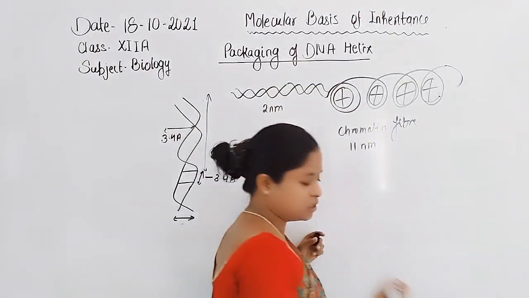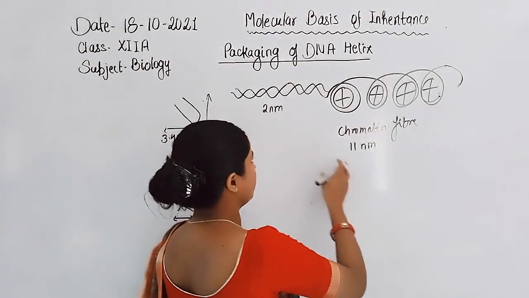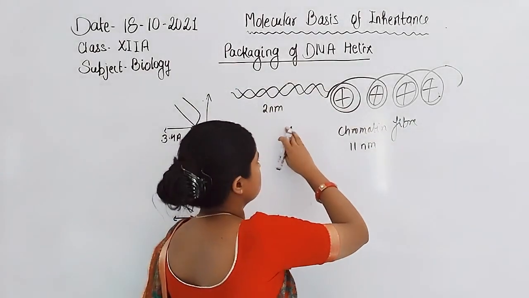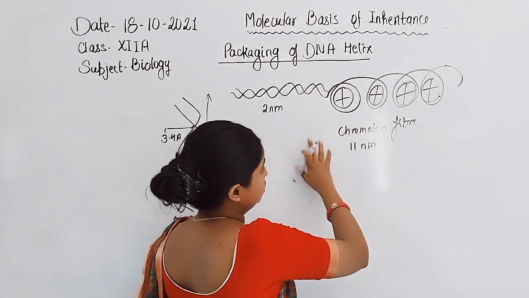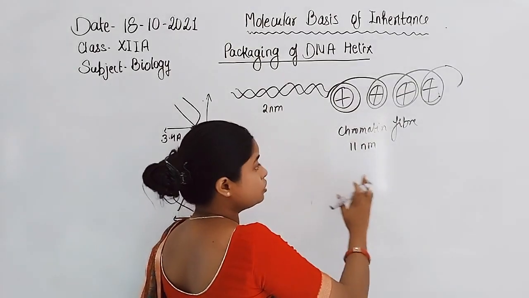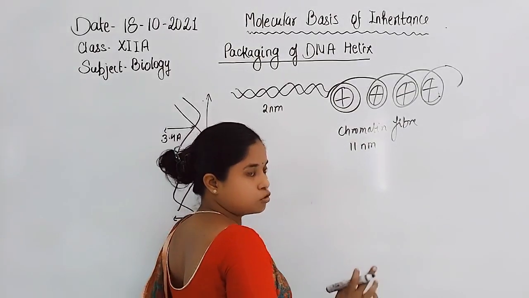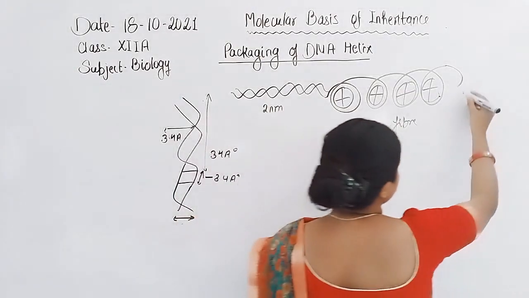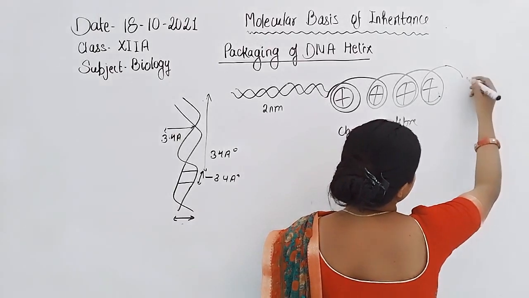Sorry, the diameter of chromatin fiber, because here we are going to discuss what the diameter is during the condensation of the DNA. So how do they change to form chromosome? The nucleosome structure also converts into the solenoid structure.